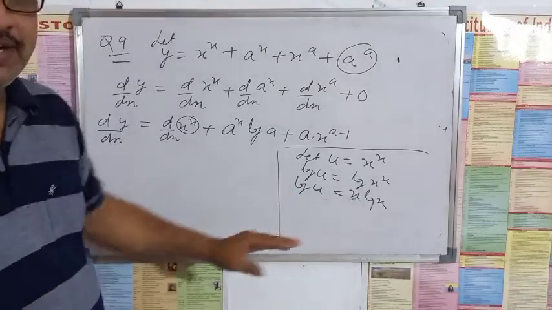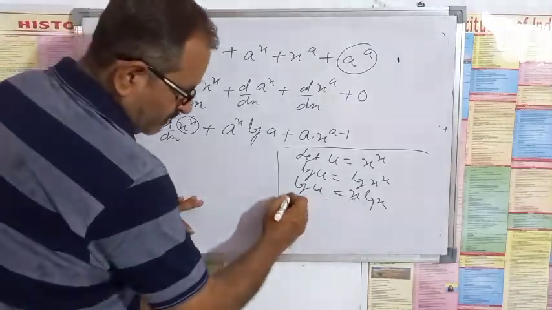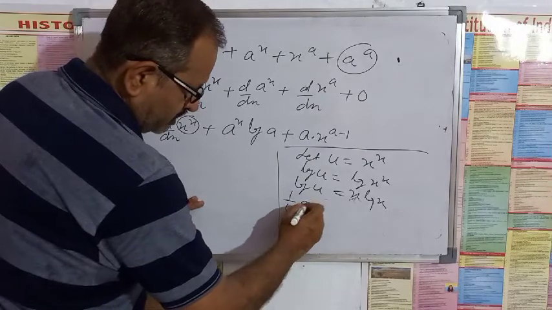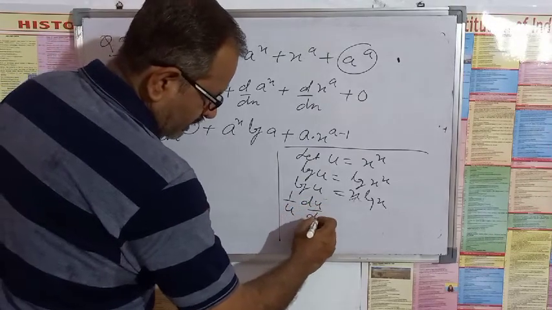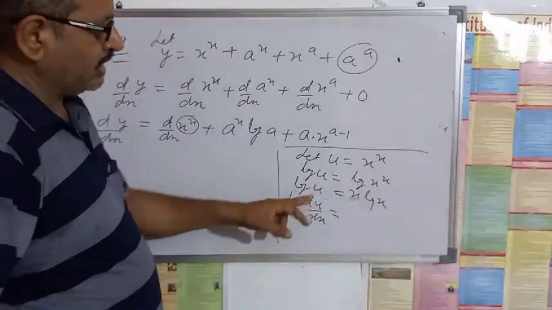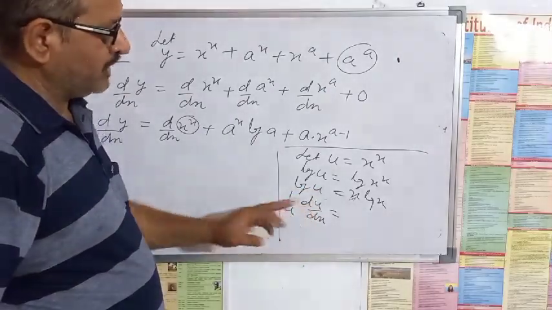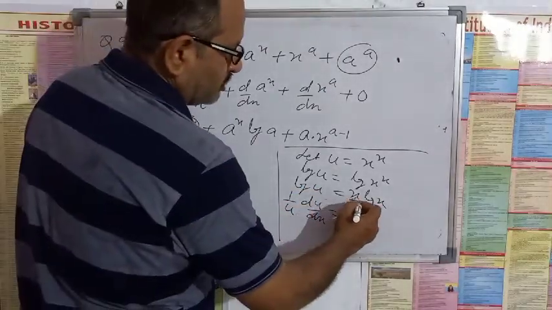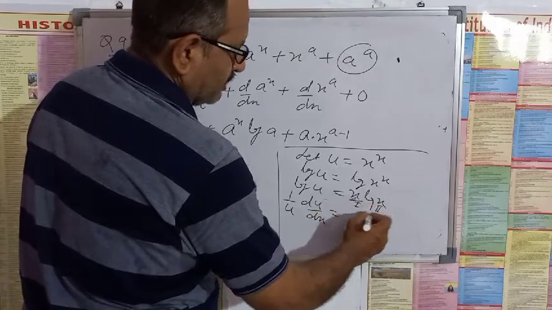Now differentiate it. Log u differentiation is 1 by u into du by dx. Use your product rule, first function, second function.